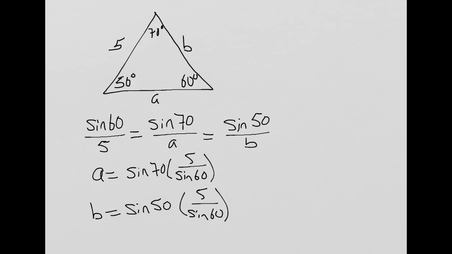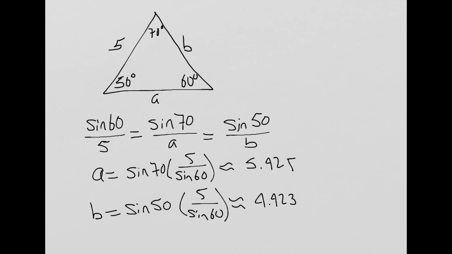Again, in degrees in this particular case. This works out to about 5.425, and in this case, about 4.423. Remember, we're in degrees. If you're not getting an answer that matches my example, check whether your calculator is in degrees or radians. It definitely matters.